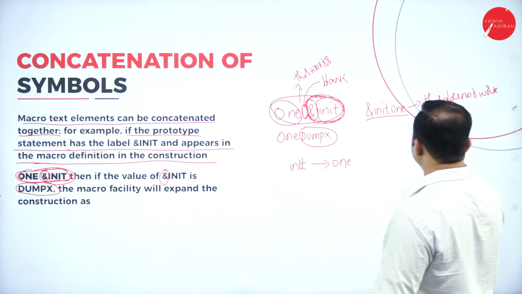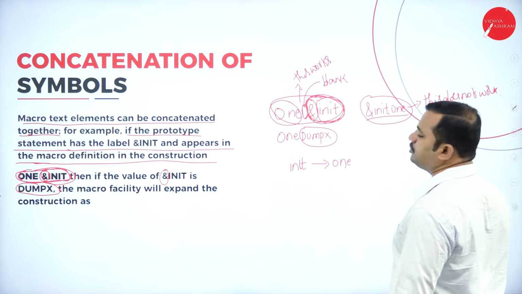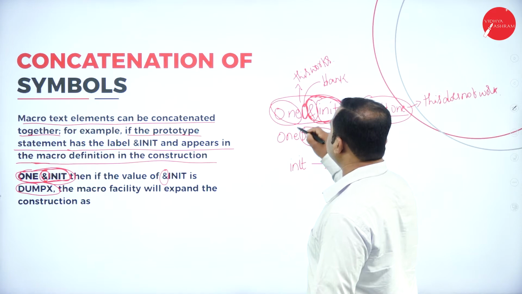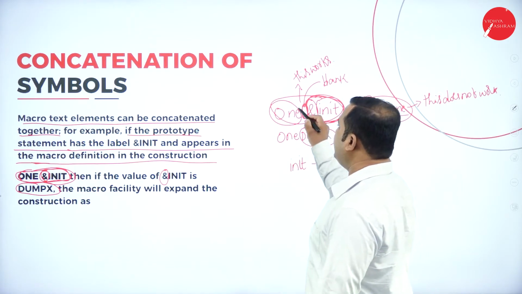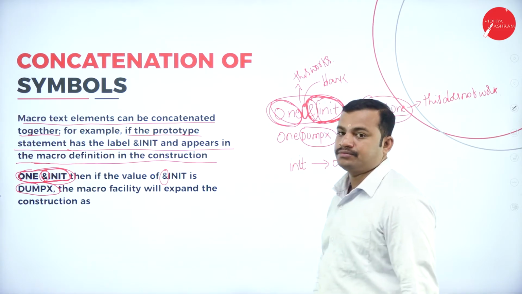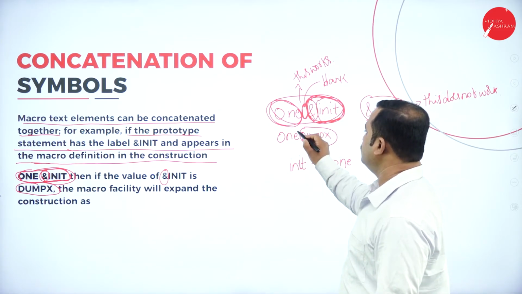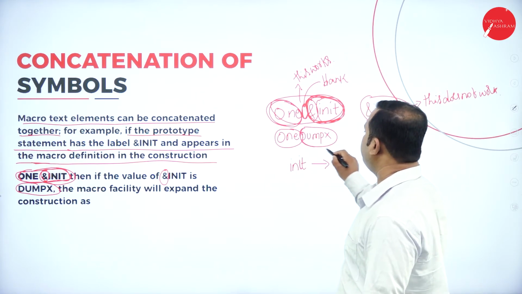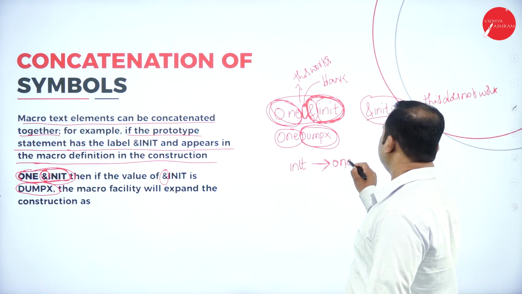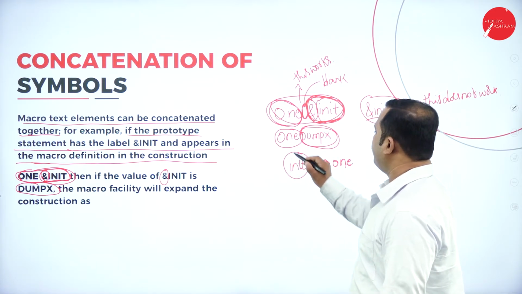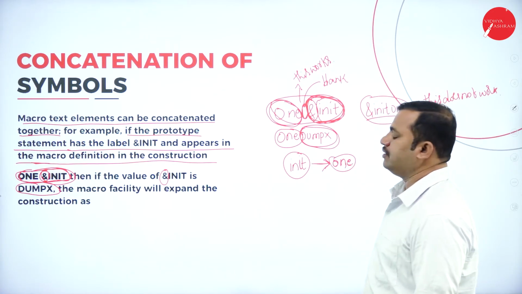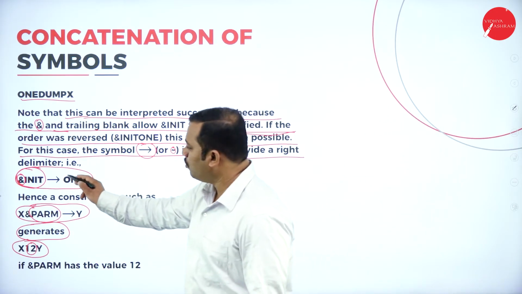So this is not going to work. The blank space is a delimiter identifying this as the name of a macro and this as the parameter. If I use 1 as a macro name and dump x, then init tends to 1. That means init is a variable that is defined for the macro 1.